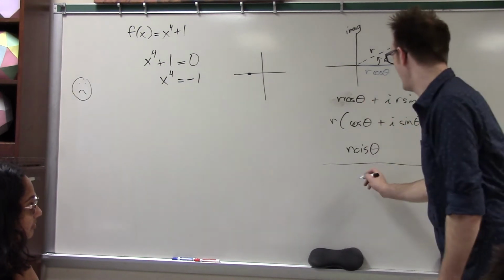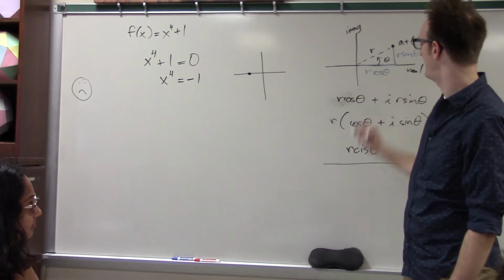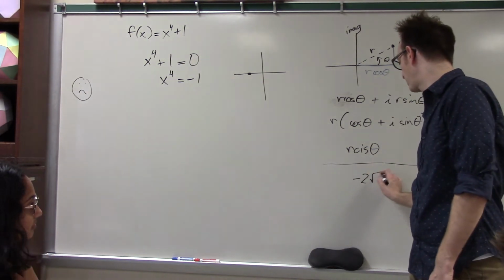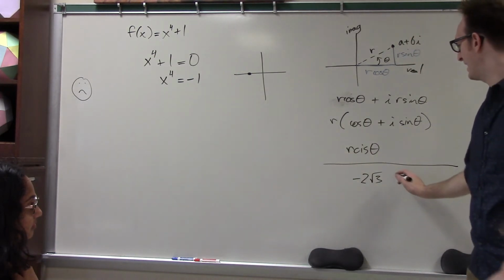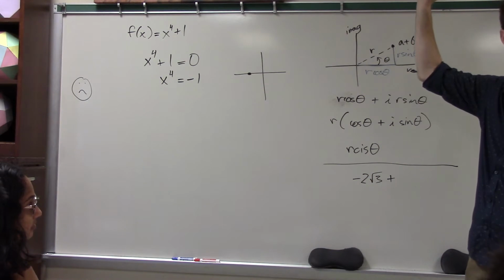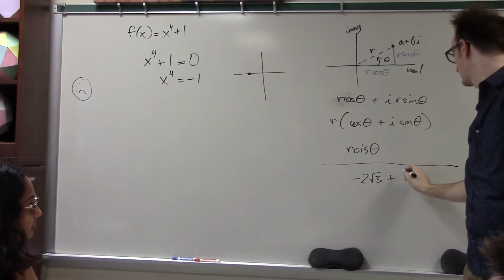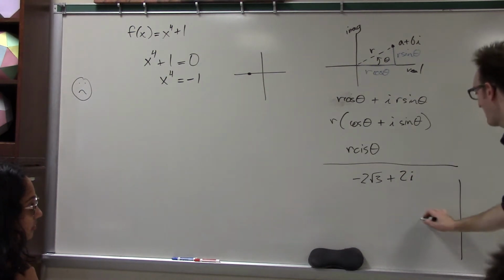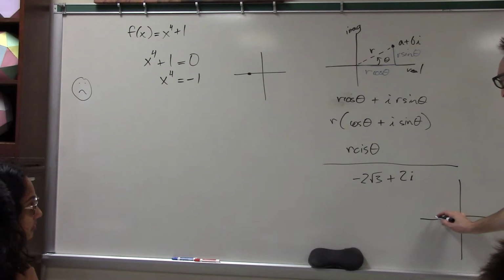take the complex number, let's see, negative 2 root 3 plus 2i. I can plot that on the complex plane. I go over negative 2 root 3 and then up 2, right?